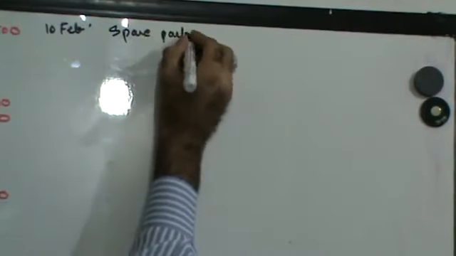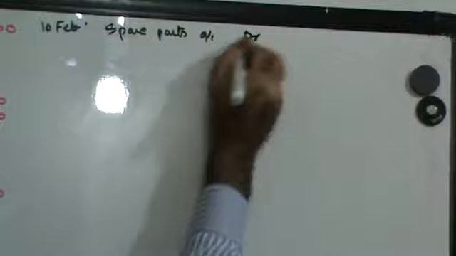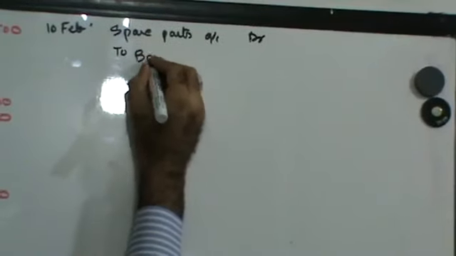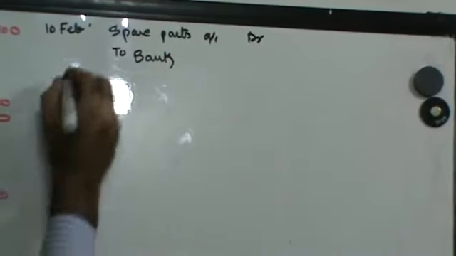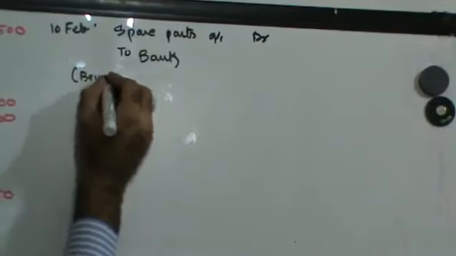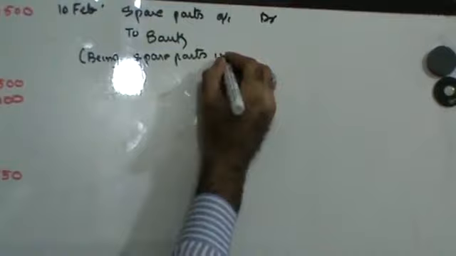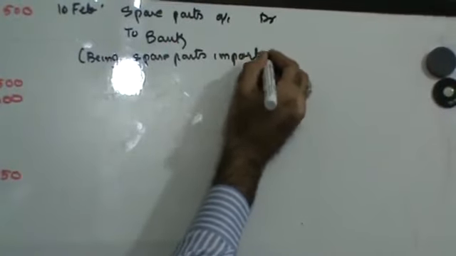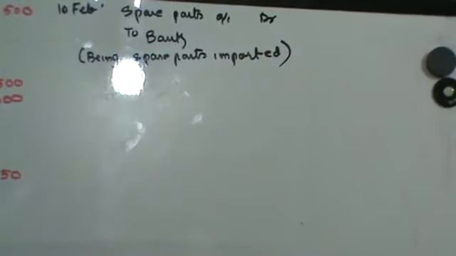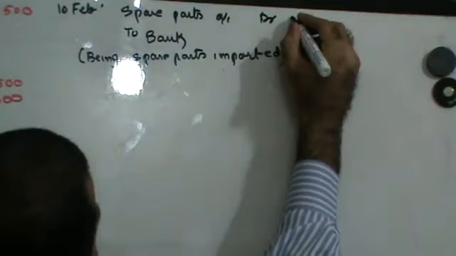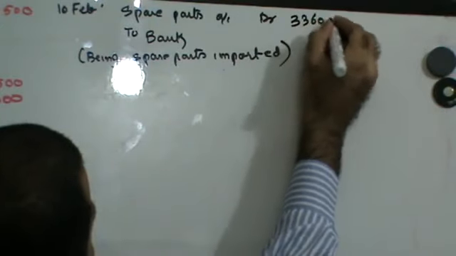Spare parts account debit. Payment is made immediately to bank, spare parts imported. Now you have $800 and on 10th Feb the rate is 42, so 33,600.